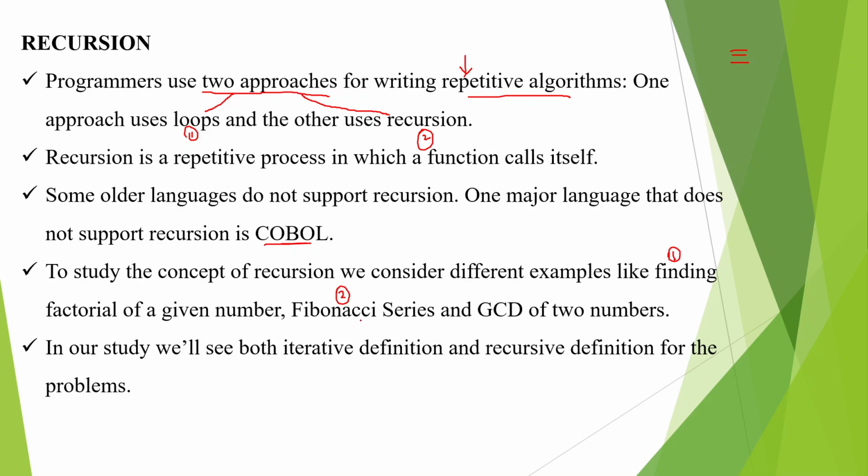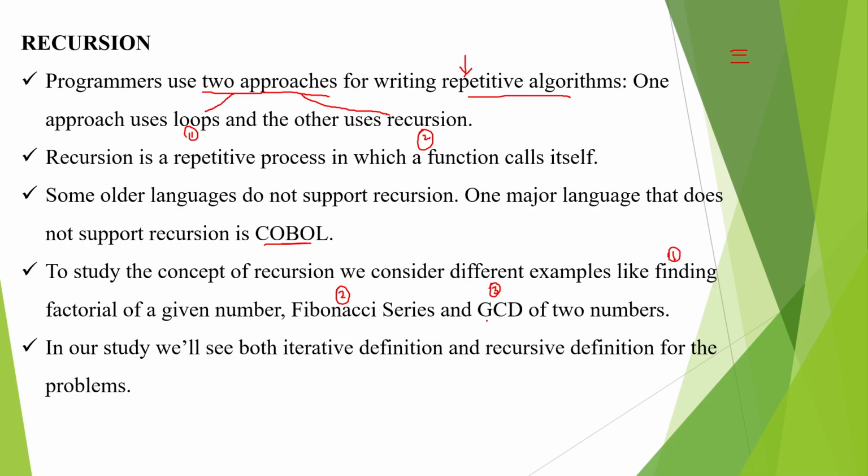And what is the Fibonacci series? Who invented it? How does the series look, and what are the terms in it? All that we will understand in today's session when we do this example. And finally, the third example is calculating the GCD of two given numbers.